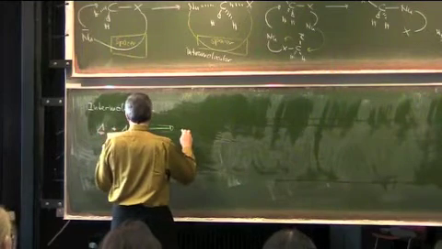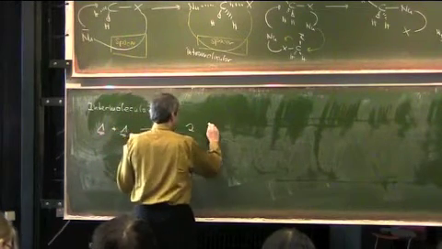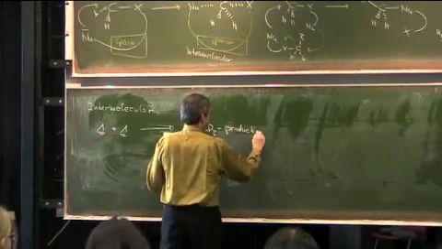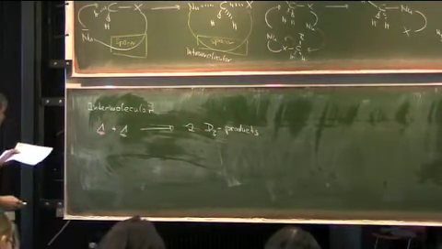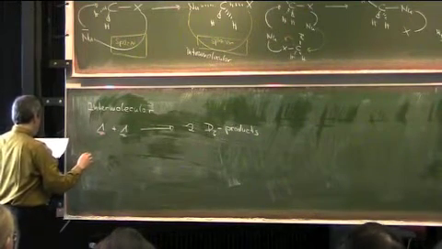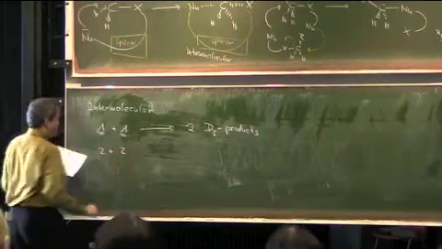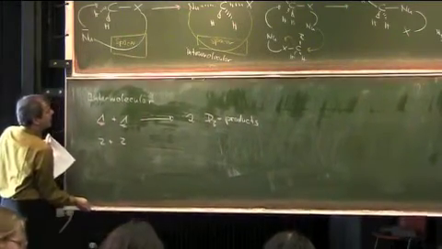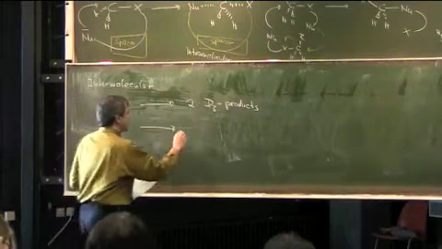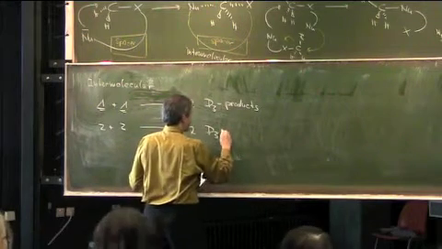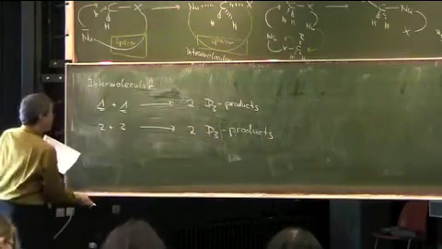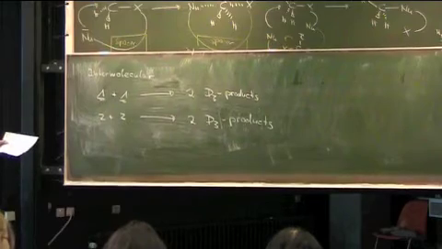In this way, you would get two D3 products, as we have discussed earlier when we looked at the one intermolecular mechanism. If you react two of the other molecules, again, in the intermolecular pathway, you should get two D3 labeled products.